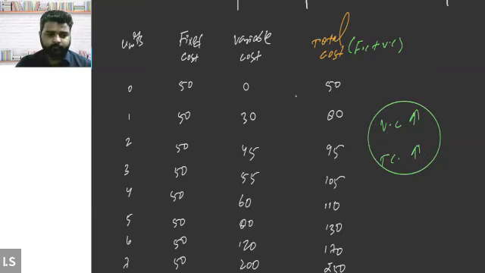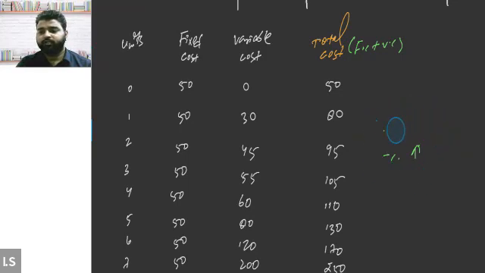Now tell me, you can clearly see on this table, on the schedule, that total cost is increasing, right? And you are able to see that we have calculated total cost by adding fixed and variable cost, right?